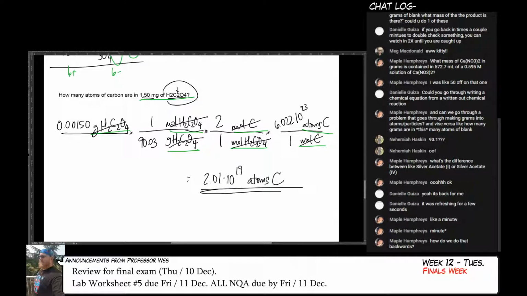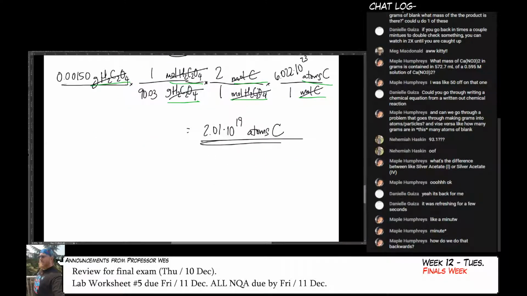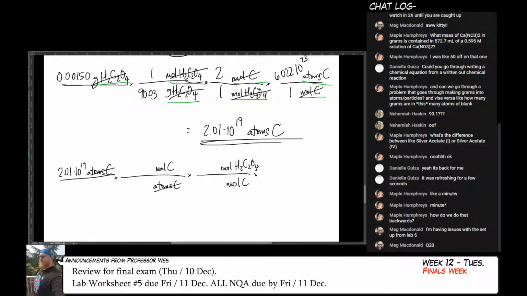How do you do that backwards? You just set it up the same way, except all of your units would go in the opposite orientation. So if you had this here, you could turn atoms into moles. And then you could turn moles of carbon into moles of the big thing, which would be oxalic acid.